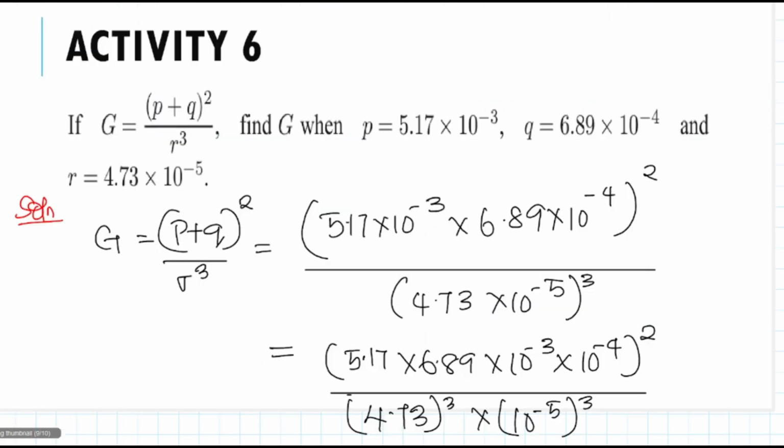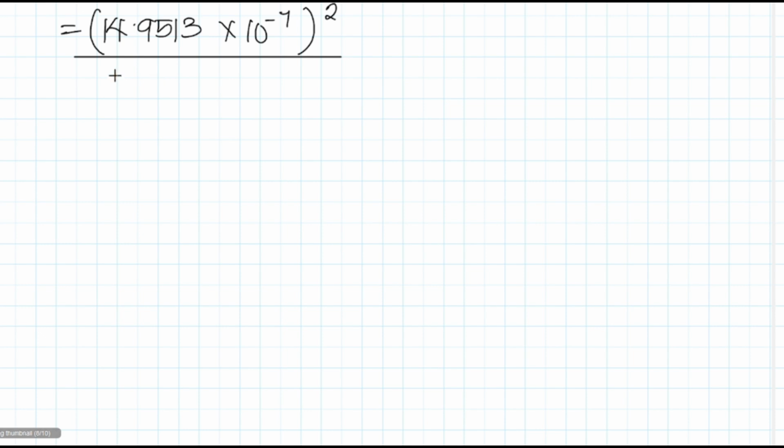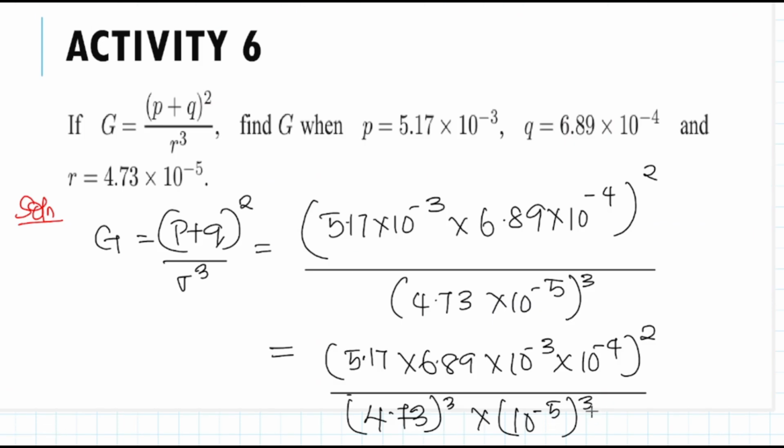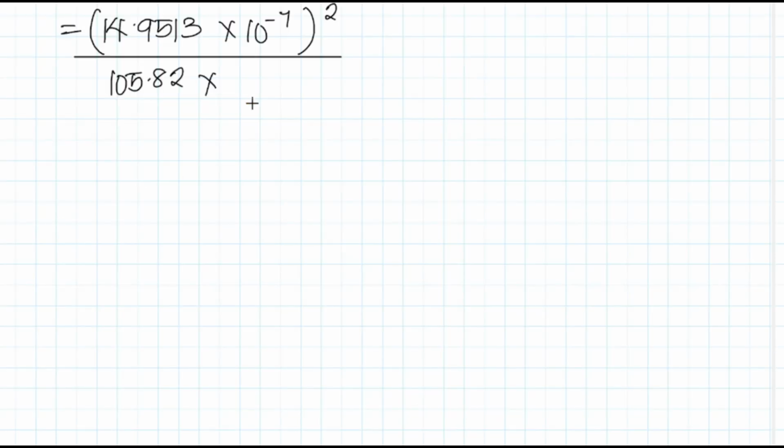We also use the calculator to simplify 4.7 raised to power 3, and the answer is 105.82. So that's 105.82 multiplied by 10 raised to power minus 5 times 3. This is the power law, right? Multiply the powers. Minus 5 times 3 will be 10 raised to power minus 15, right?